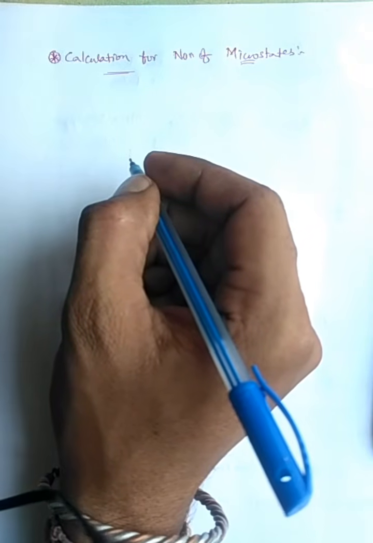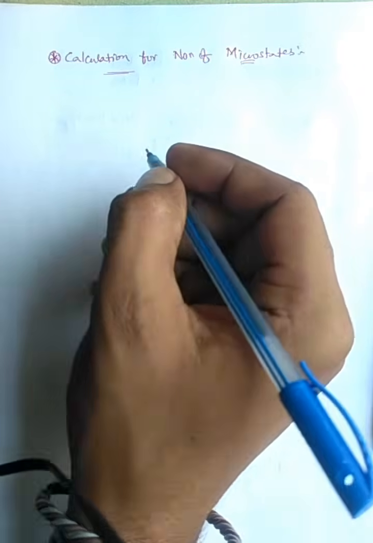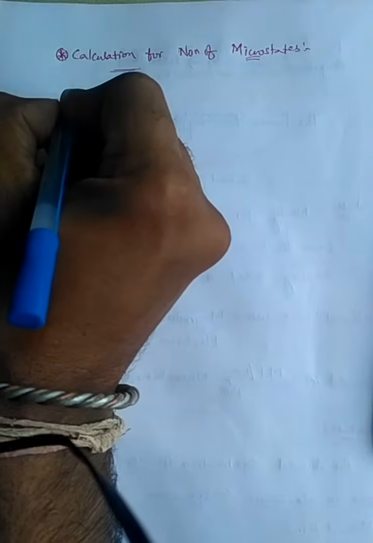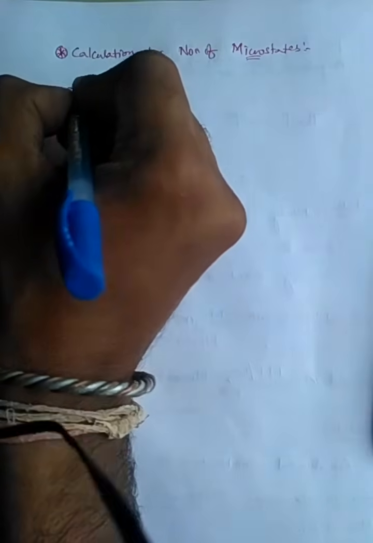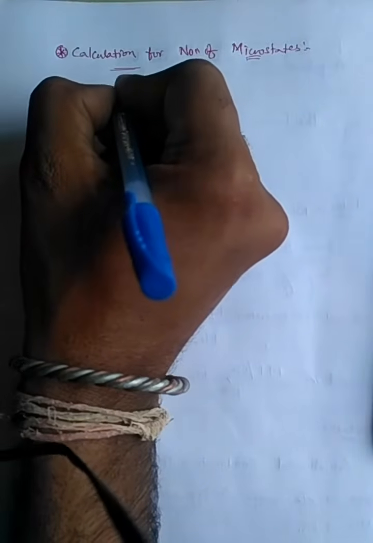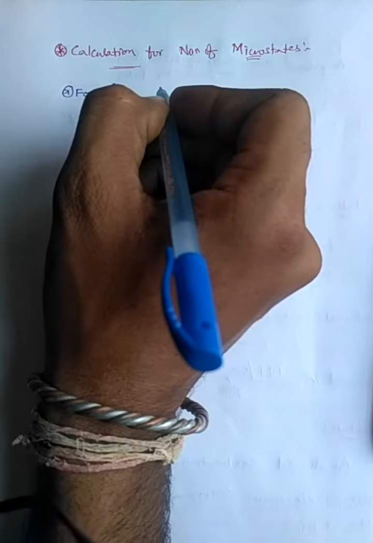The first one is for an electronic configuration p to the power of l, a single-orbital electronic configuration.